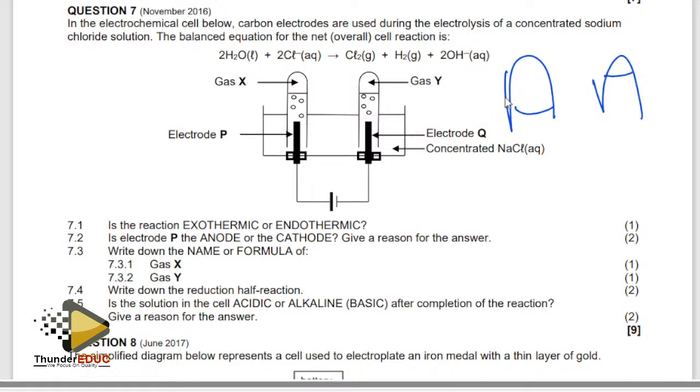So if the mole ratio requires 2, then definitely this one, for example, oxygen is 2 moles, and hydrogen is 1 mole. Automatically, I will require 2 moles of oxygen for the reaction. I require 2 moles of what? Oxygen. Then this one is supposed to be 2, and this one is supposed to be what? It's supposed to be 1.